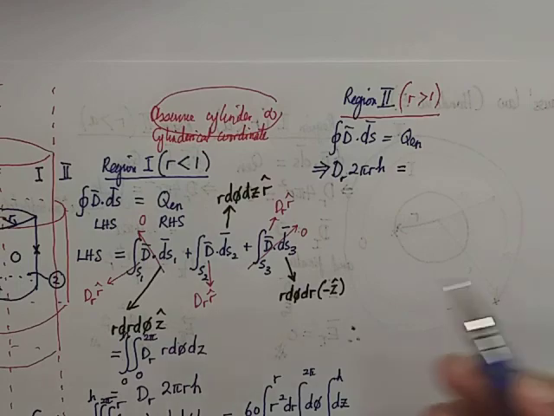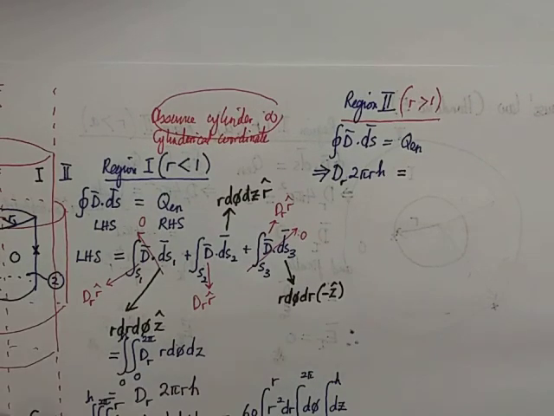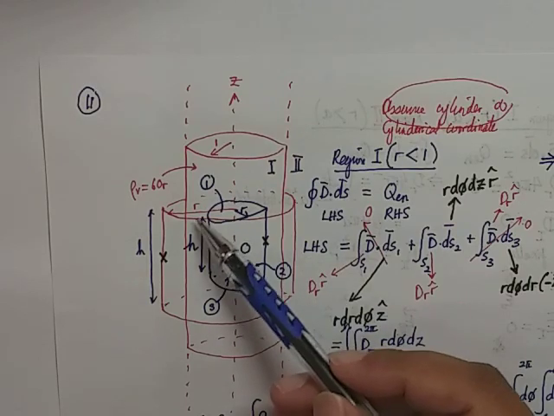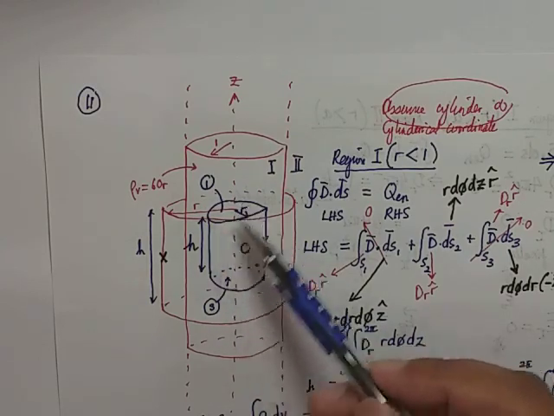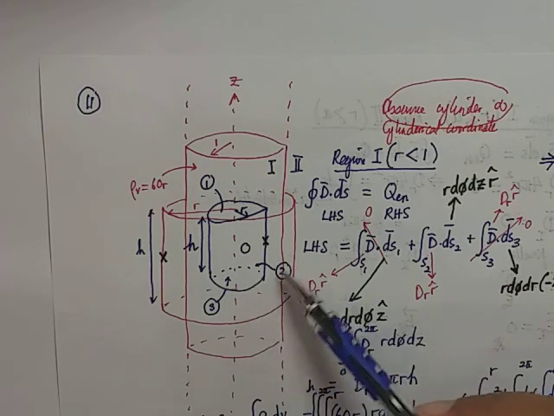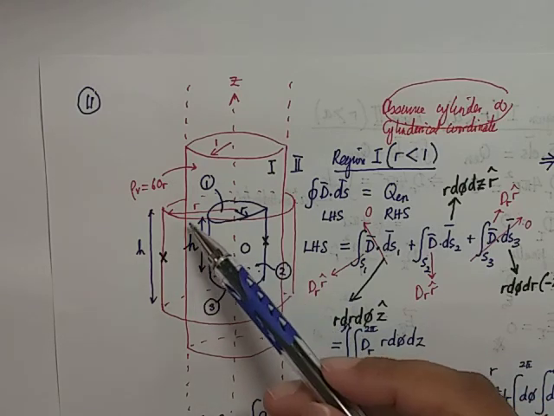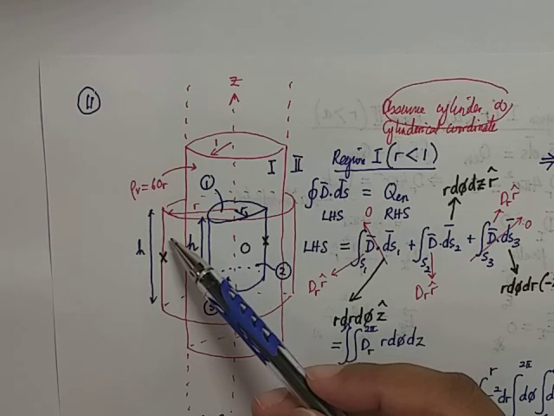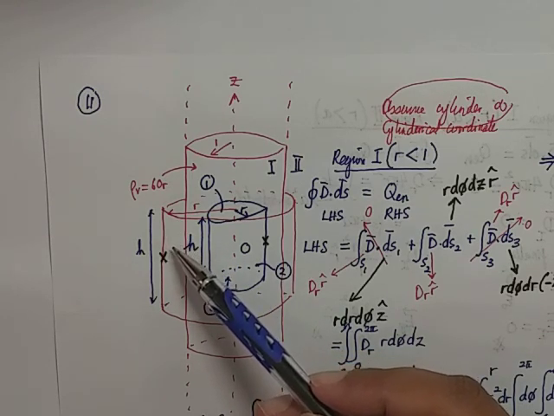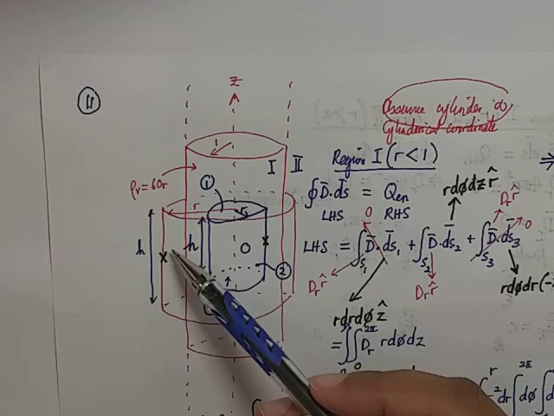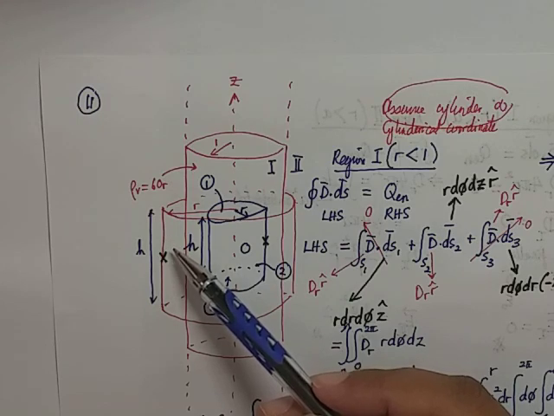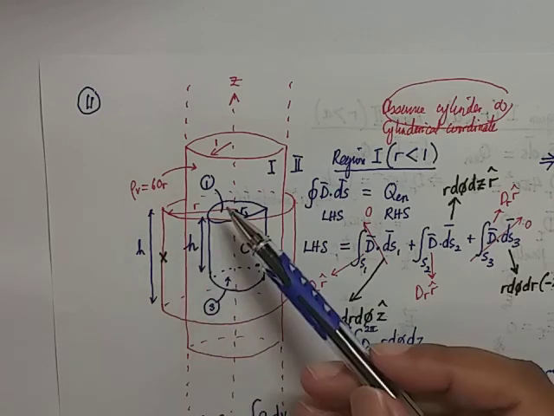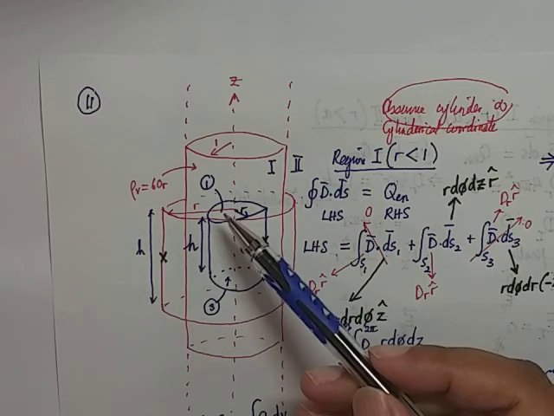so I'm going to say now my volume charge. My volume charge here, you can see, is only inside the cylinder, R smaller than 1. For region R greater than 1, there's no volume charge. This argument is clearly stated by the question, because the question said that the volume charge density only exists within the cylinder of radius R equal to 1.